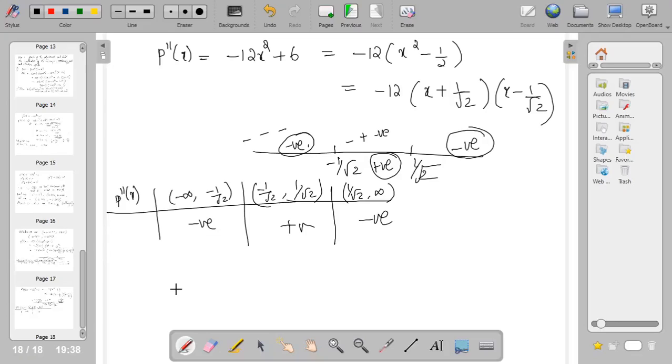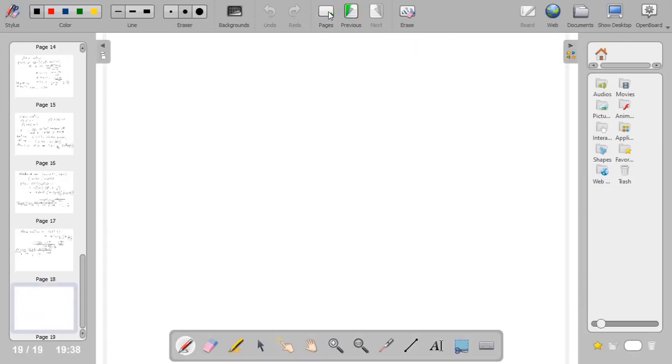So that is how the concavity is changing. Okay, so we have got all the information regarding the derivatives, and let us look at the intercepts.